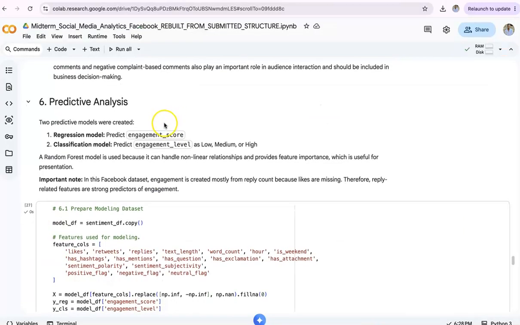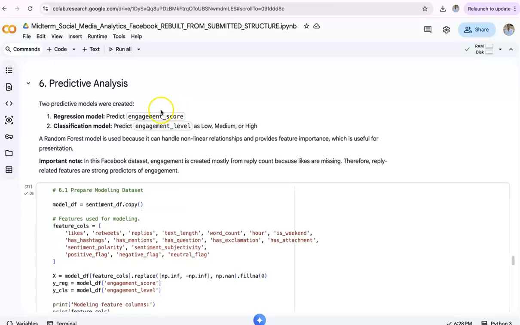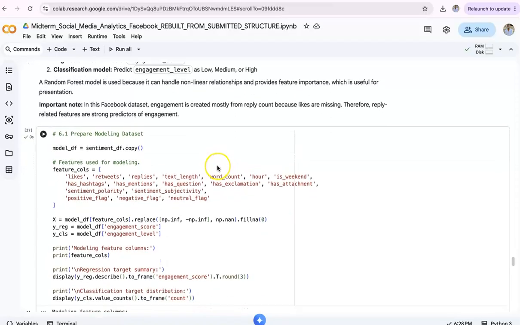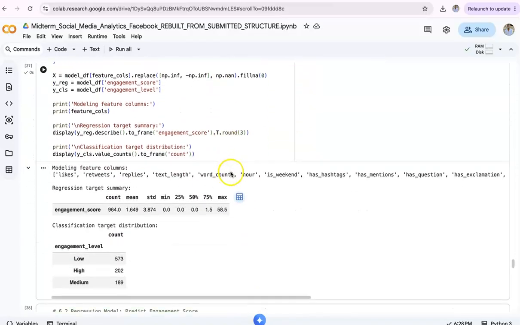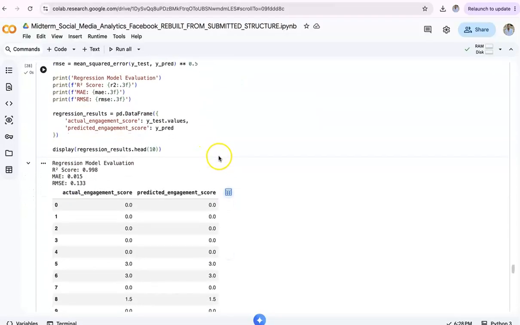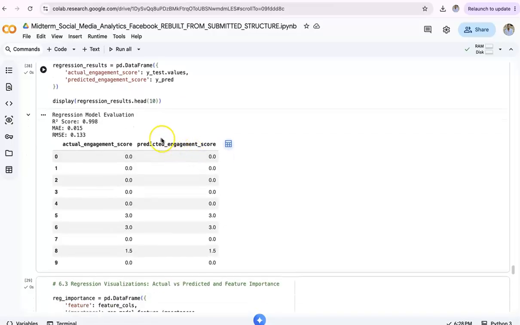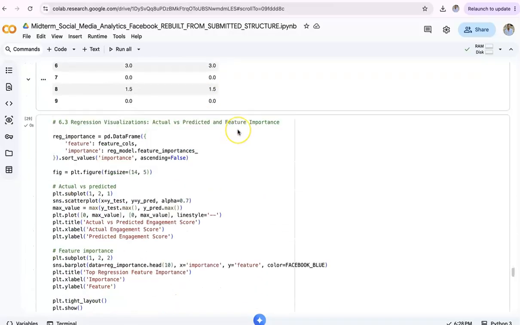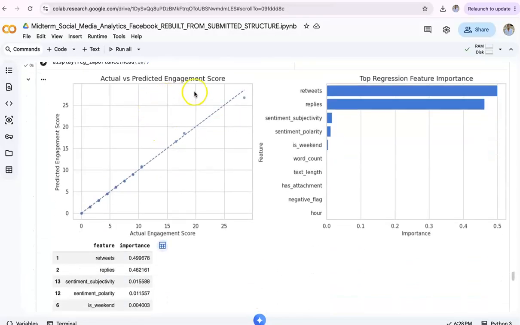And moving to the notebook, we see how the predictive analysis was carried out and how the regression model and the classification model were produced. So after executing, we have the regression model evaluation, where we have the mean absolute error, we have the root mean squared error, and we also have the actual versus predicted engagement score, where we have the perfect fit line.